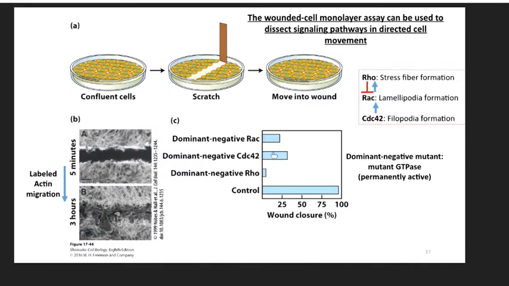So out of all these three individual mutations, the movement of the cell gets most affected by the dominant negative Rho mutation. Obviously, when they're happening individually, not together.